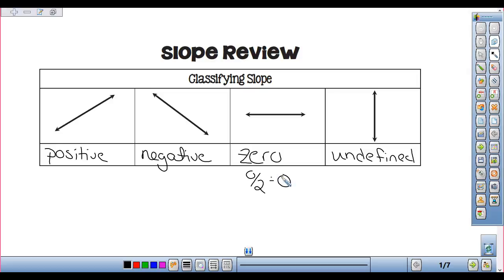Because I can take 0 divided by 2. Where can't 0 be? On the bottom. I can't have 0 on the bottom. So if I were to have 2 divided by 0, anytime I get divided by 0, that's when we have an undefined slope. Okay?